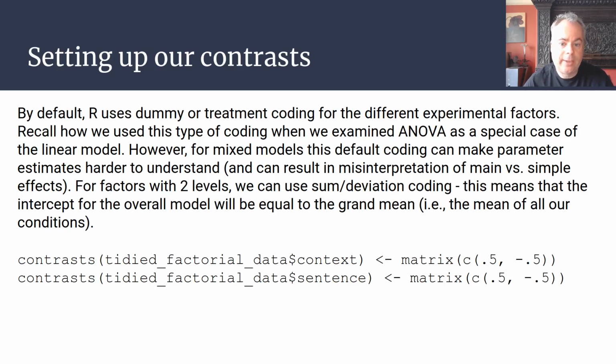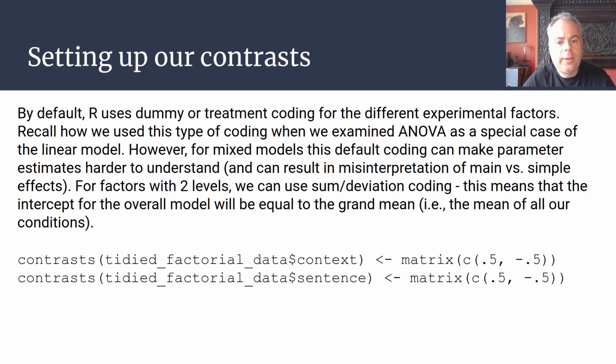And interestingly, many published articles either get this wrong because they don't use the right sort of coding scheme, or they underspecify. They don't actually tell us what coding scheme they use when they're building their model, which is hugely problematic from a reproducibility point of view.